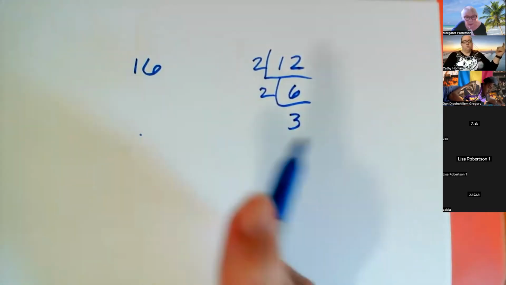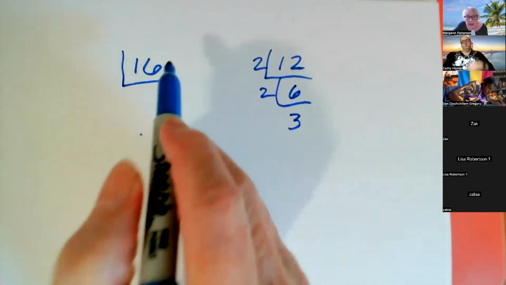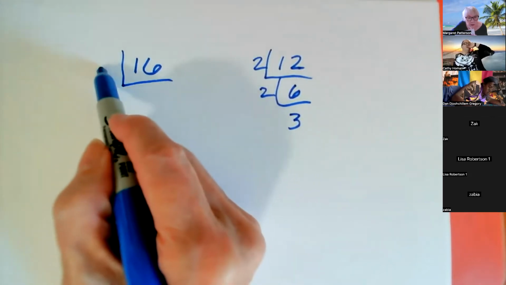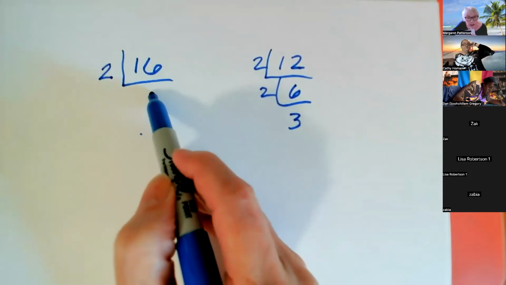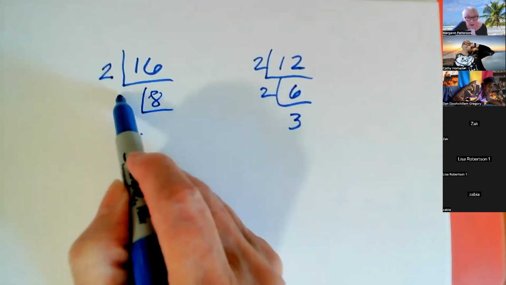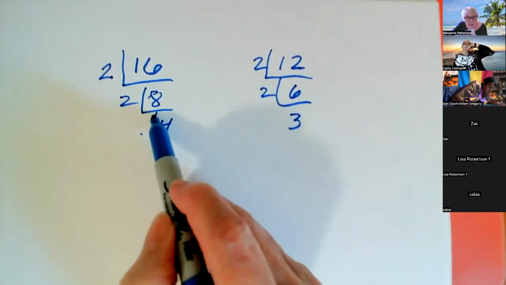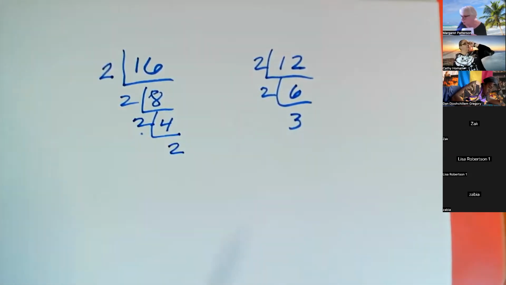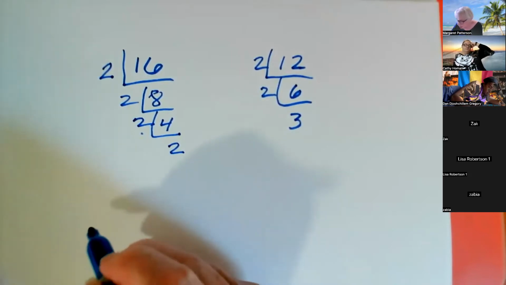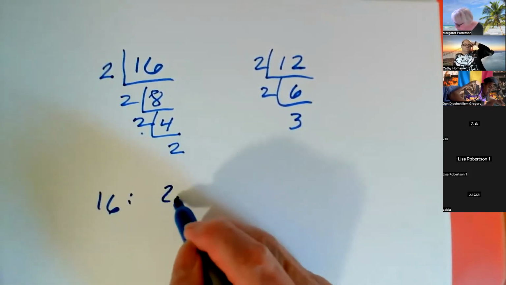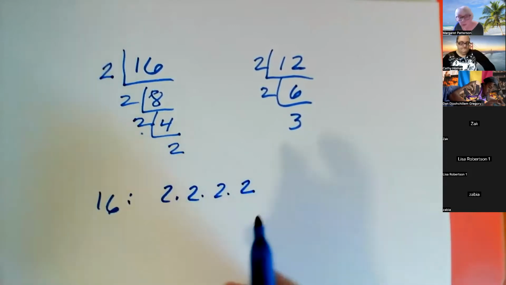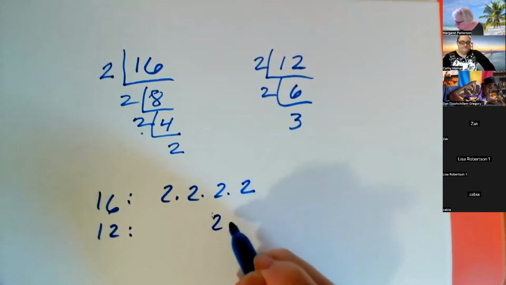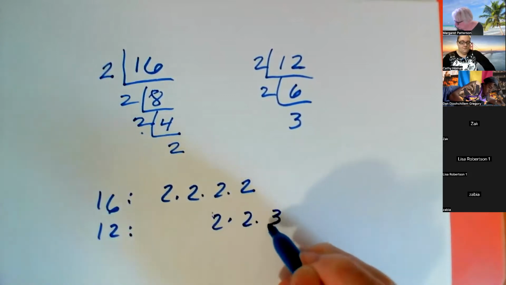That one's done. 16 is a string of 2s. 2 into 16 is 8. 2 into 8 is 4. 2 into 4 is 2. So when you have 16, it's 2, 2, 2, and 2. When you have 12, you have 2, 2, and 3.